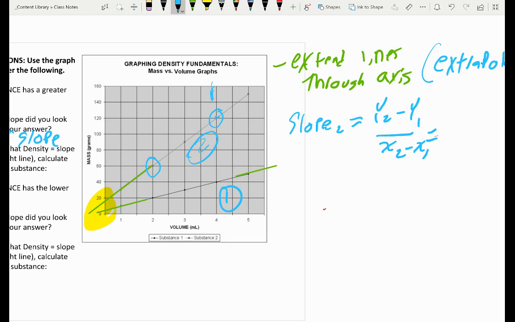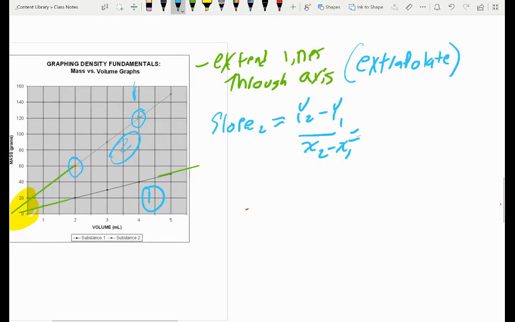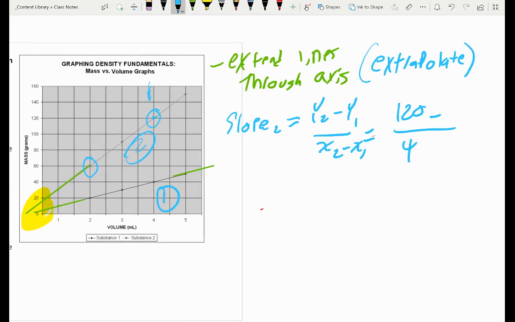From the graph, what does it say? 120. Okay, and then what's the x value? 4. Okay, now for the second point, what's the y value? 60. And then the x value is 2.